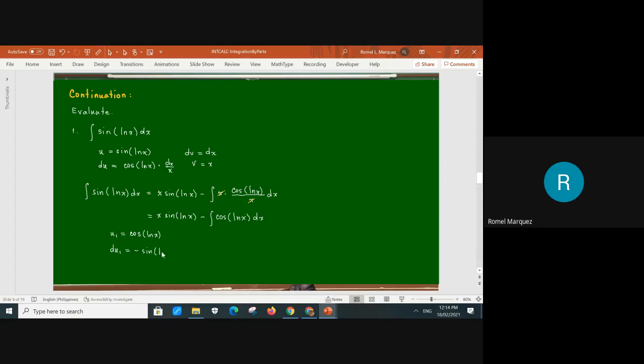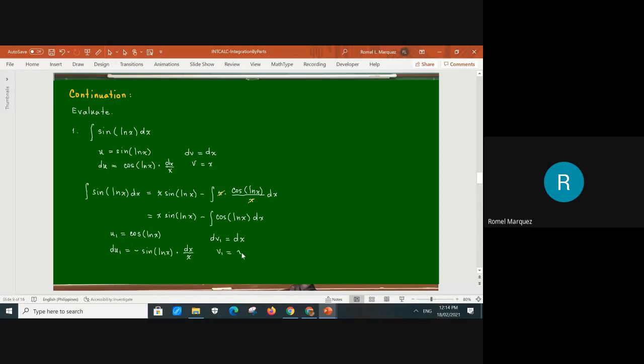But what is the derivative of ln x? 1 over x multiplied by dx to be the differential. And what about dv? So dv, I will put dv sub 1 because this is another one, although it so happens that it is also dx, no? So v sub 1 therefore is x.